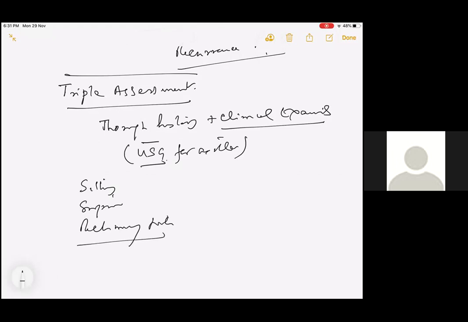Sitting is ideal for inspection. You will be able to see better. You can see both sides. You can actually look for the level of the nipple areola complex. You can look for any dimpling by asking the patient to lift up the arm.